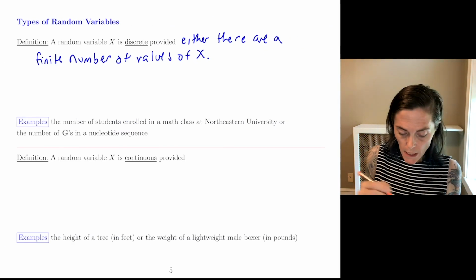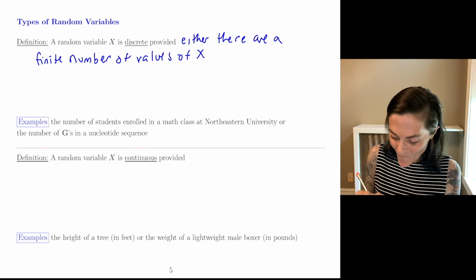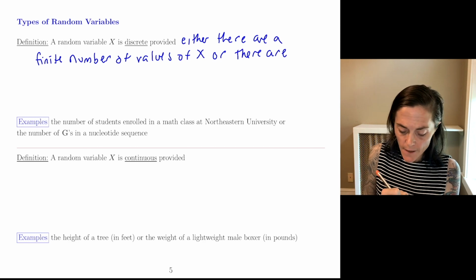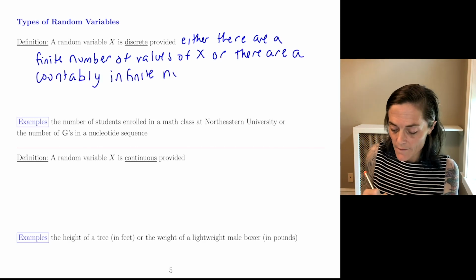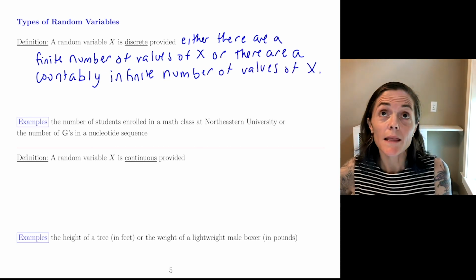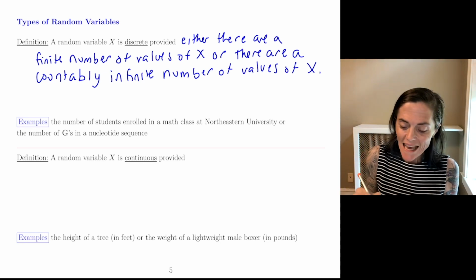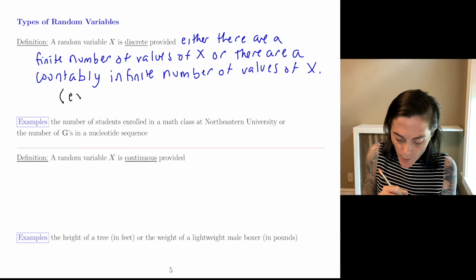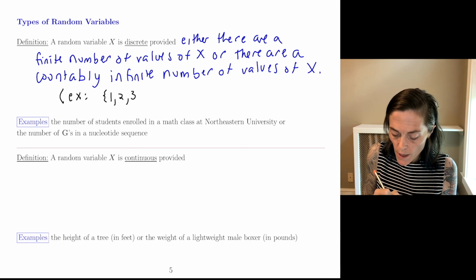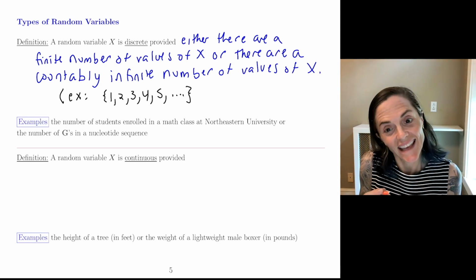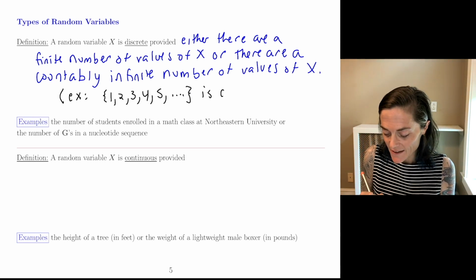Now, this was an either, so, or there are countably infinite number of values. You really want to think, well, you could list them all, for instance. So what's countably infinite? For example, the set 1, 2, 3, 4, 5, keep going forever. The positive integers are countably infinite.